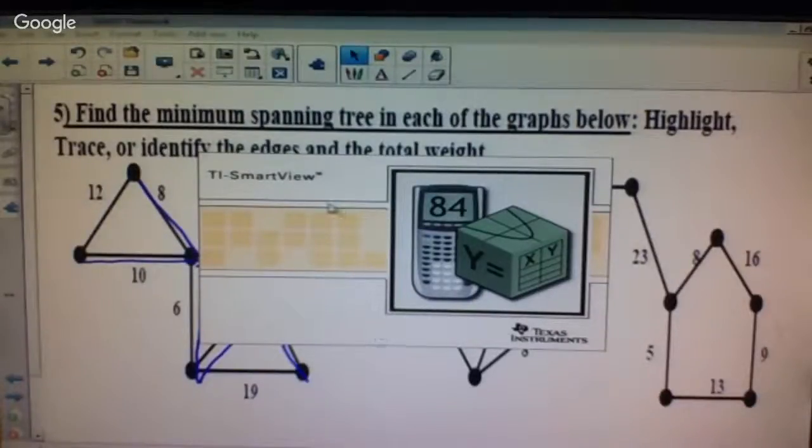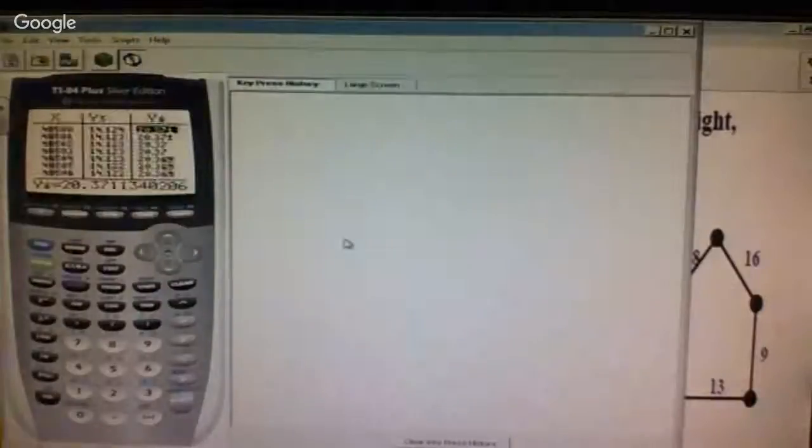Bless you. Is there any way to make these screens brighter? If you hit second. That's as bright as it's gonna get. Second what? Second, and then your down arrow will change the contrast.